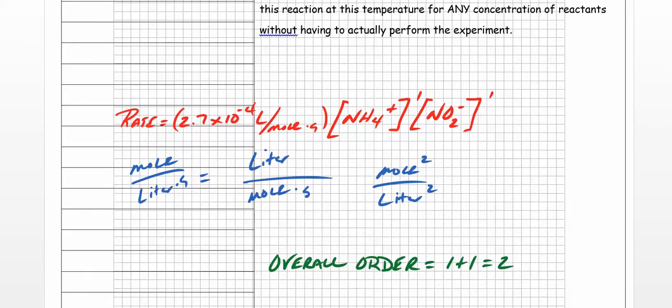With this rate law, I can now calculate the rate in moles per liter per second for any combination of NH4 plus and NO2 minus that you give me, right?